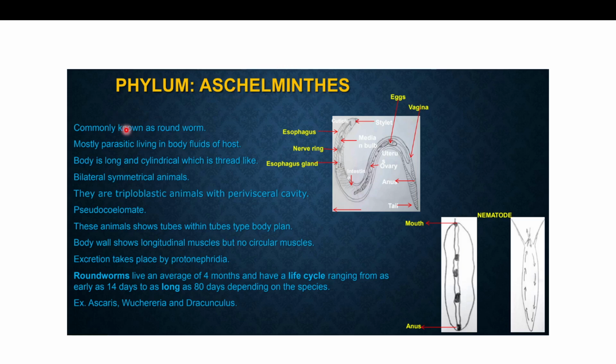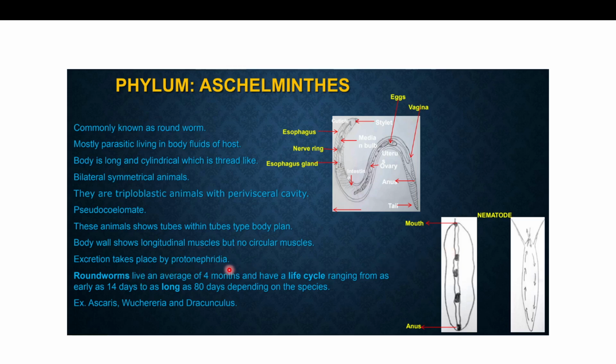Then we have roundworms, which are Aschelminthes, mostly parasitic, and the body is long and cylindrical, showing bilateral symmetry. They are again triploblastic but pseudocoelomate, where both the ectoderm and the endoderm are not really covered by the mesodermal layer. The body wall shows longitudinal muscles but no circular muscles.